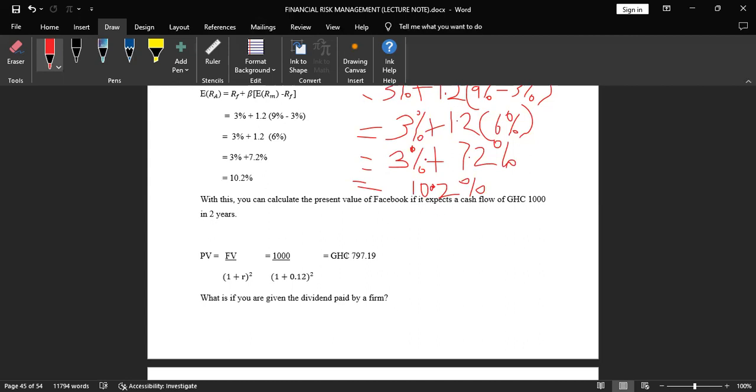With this expected return, you can be given this question: calculate the present value of Facebook if the expected cash flow is 1,000 in 2 years.